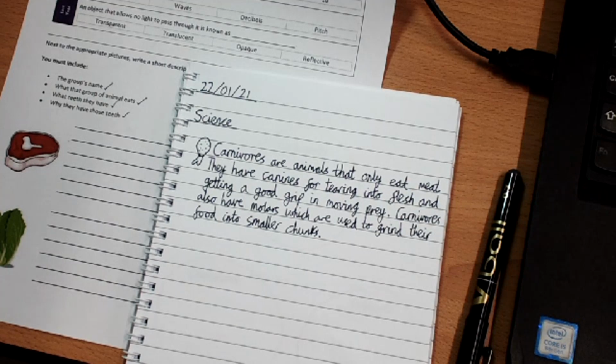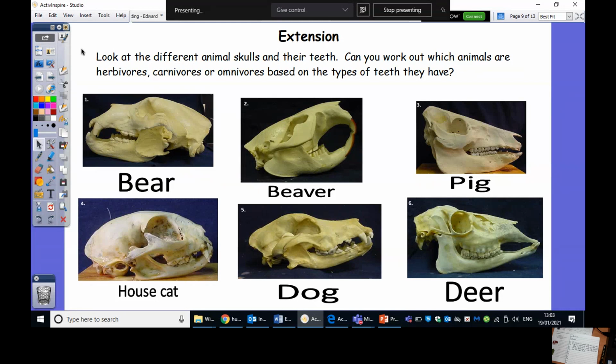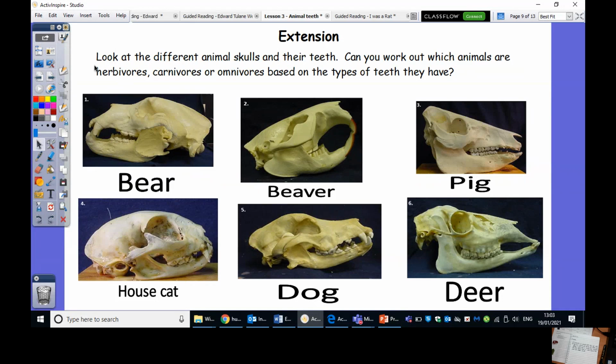Okay, folks, hopefully that means you are all done with that final section of the omnivores paragraph. So let's have a little look at the next section here. So as an extension, although I think many of you will be able to do this, it's quite a fun activity, I'd like you to look at the 6 different animal skulls and their teeth. Now, can you work out which animals are herbivores, which are carnivores, or omnivores, based on the types of teeth they have?